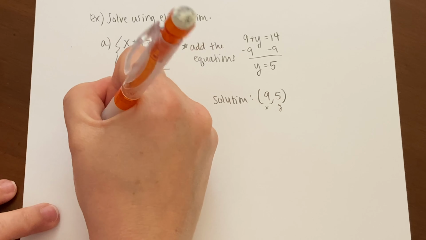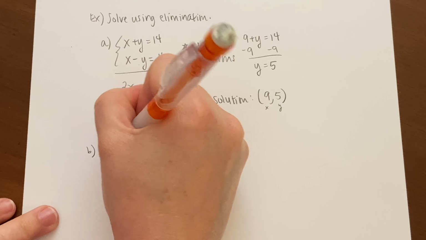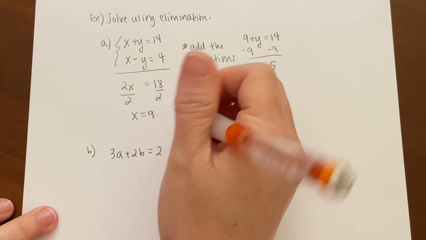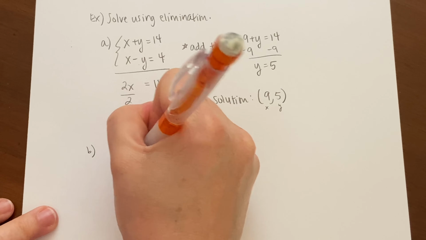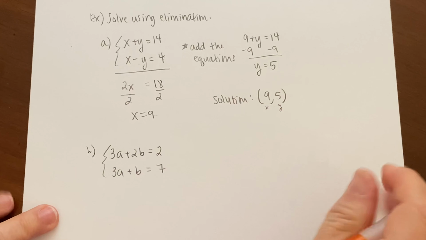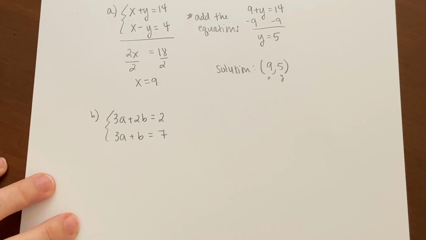Okay, let's try another. If we have 3a plus 2b equals 2 and 3a plus b equals 7, we want to add or subtract the equations so that one of the variables will cancel out.